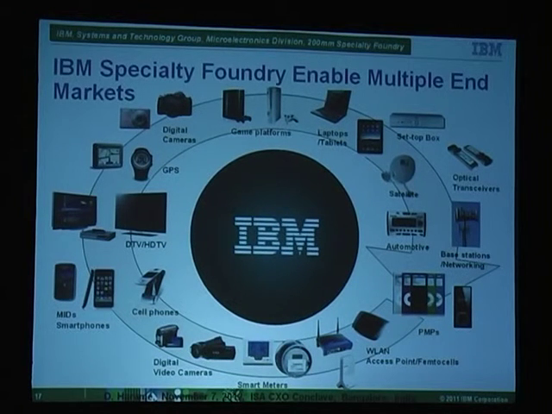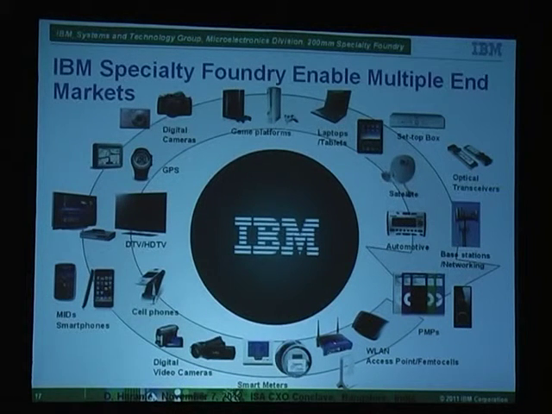We have wireless LANs. I think that the interesting thing about the wireless LANs, especially when they were first developing, we were using our silicon germanium technology, and almost all of the initial ones were using the silicon germanium technology. As it migrated to RF CMOS, we migrated with them, and now they've gone to some of the more advanced nodes, but different parts of this are now being implemented in the silicon germanium.